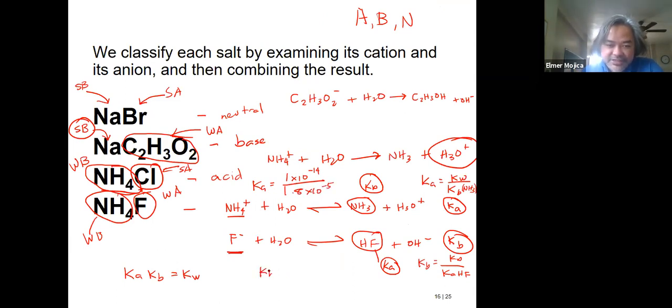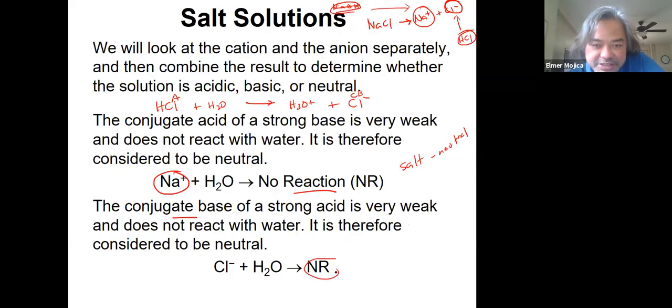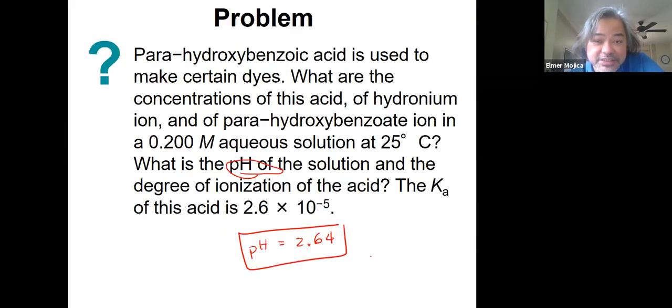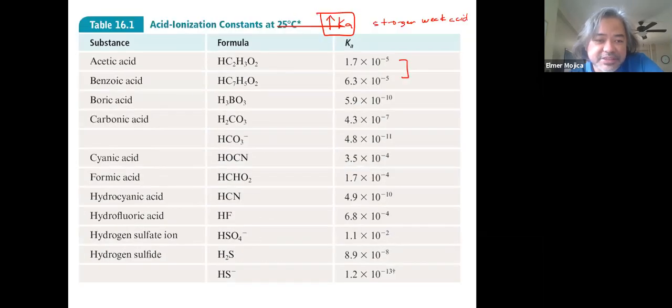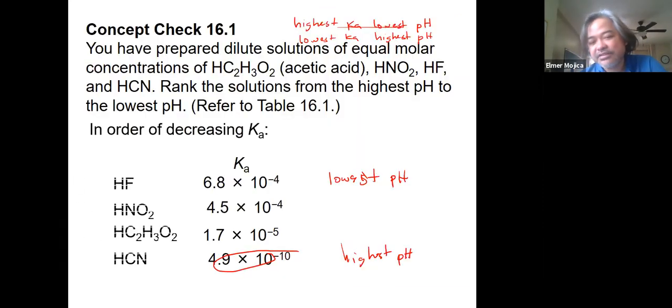And then on the other side, you have Kb. So that's 1 times 10 to the negative 14 divided by the Ka of HF. And again, we have a table of the Ka here, I think at the very beginning. So HF, hydrofluoric acid, 6.8 times 10 to the negative 4.